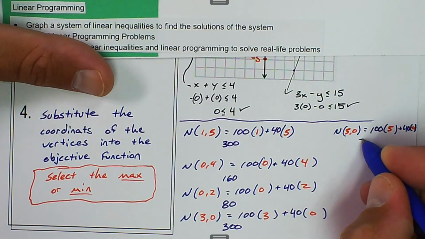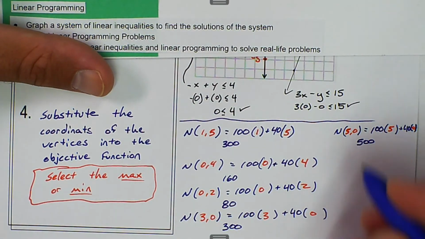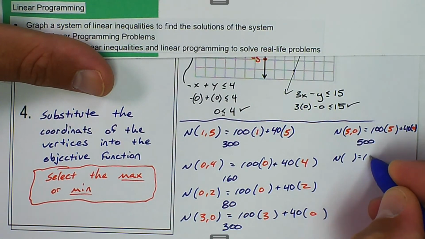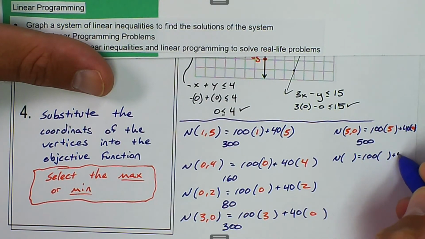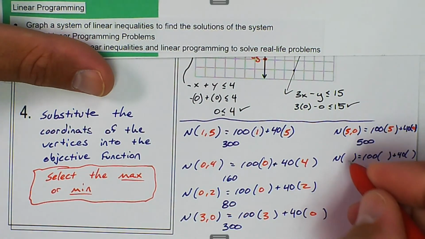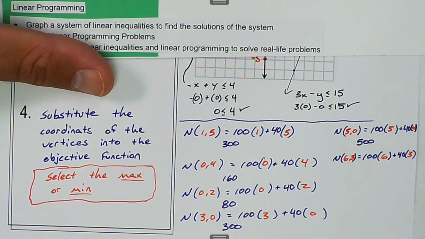So then we get 500. And then the last one we have is the function N evaluated at 6, 3. And for that one, we get 720.